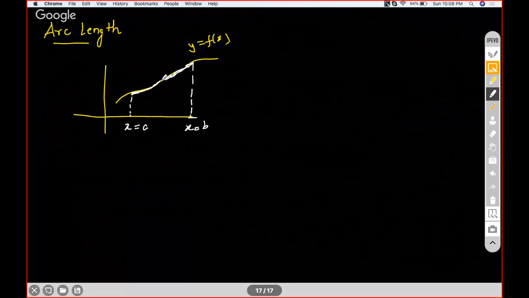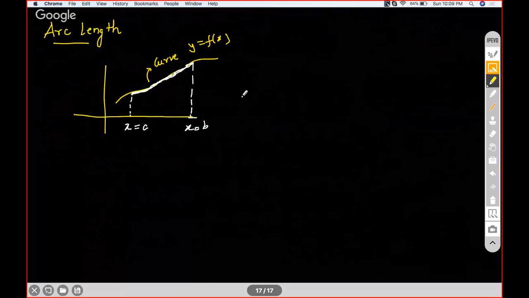Of course, it's not a straight line whose length you can measure using the square root of x2 minus x1 square plus y2 minus y1 square. It's actually a curve. So how do you find the length of this curve from x equal to a to x equal to b?